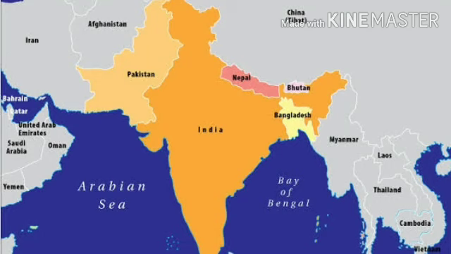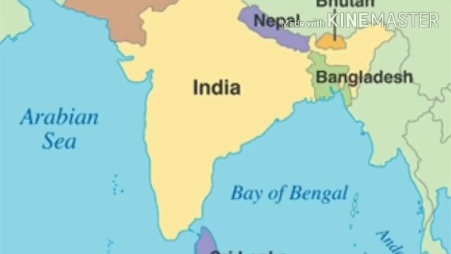Northern mountains are classified into 3 divisions: Trans-Himalayas, Himalayas, and Eastern Himalayas.